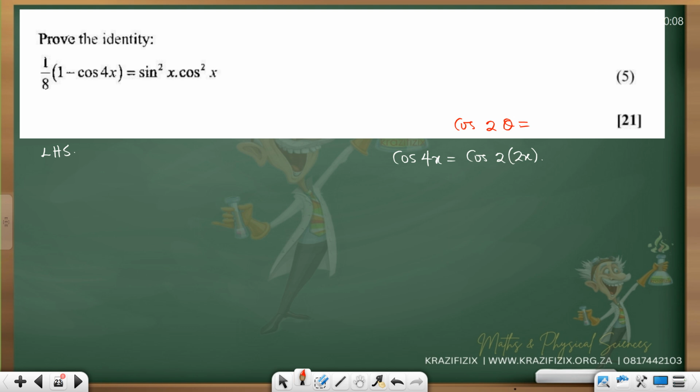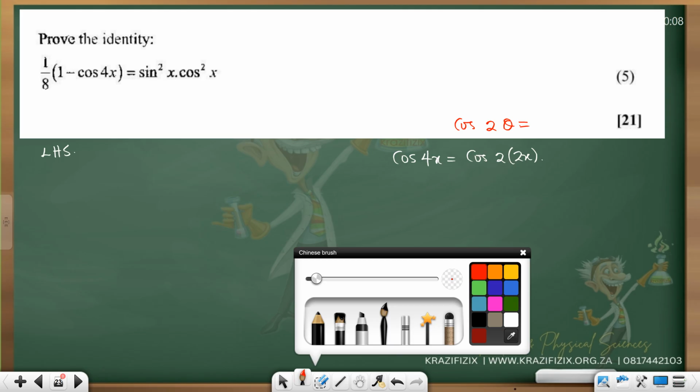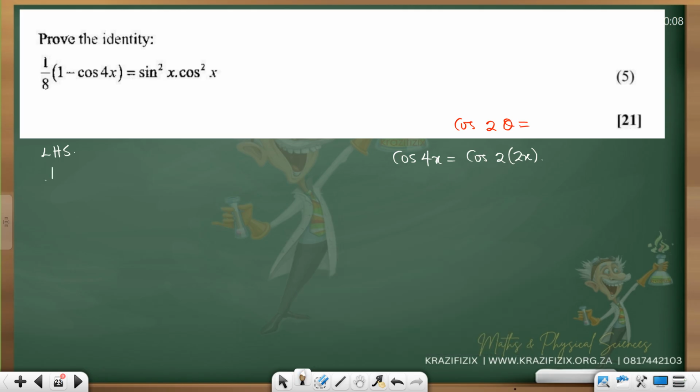So 1 over 8, 1 minus, and I'm going to put another bracket here. What is cos 4x? We said it's cos 2 times 2x. To get rid of that 1, we can use 1 minus 2 sine squared x.